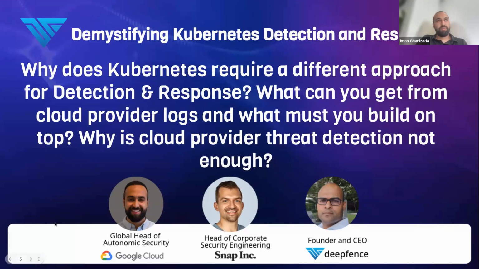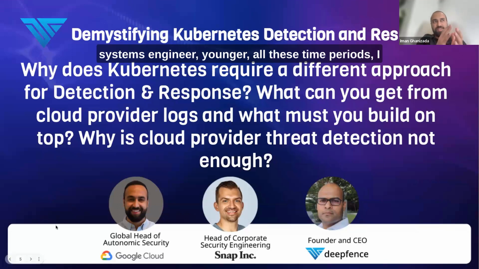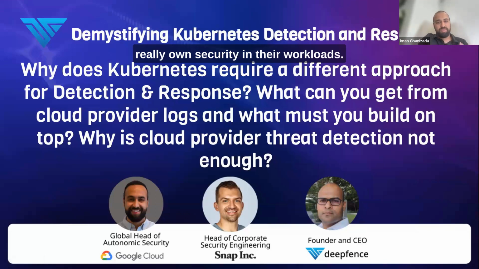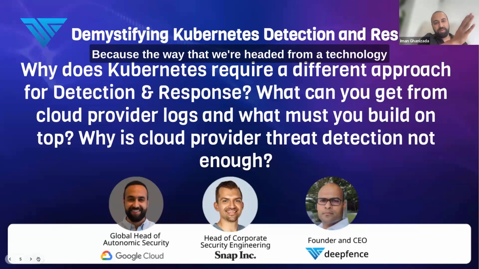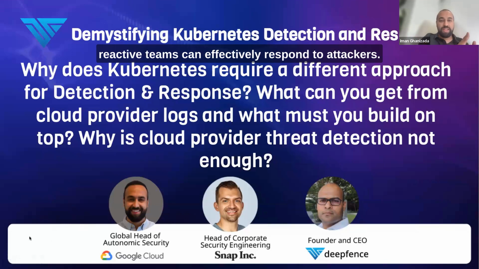So I always say, and we keep emphasizing this over decades, from when I was an early systems engineer, that developers really need to own security in their workloads. The way we're headed from a technology perspective, there will never be a time where reactive teams can effectively respond to attackers.